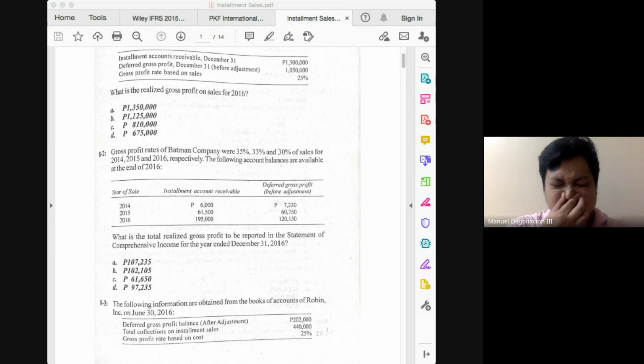Okay, and again, you can also work back for the amount of your collection by working back on the beginning installment receivable based on the DGP before adjustment.